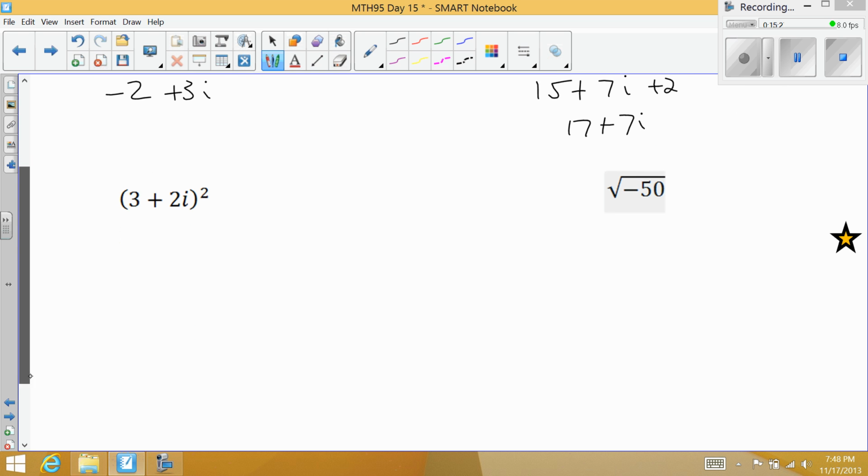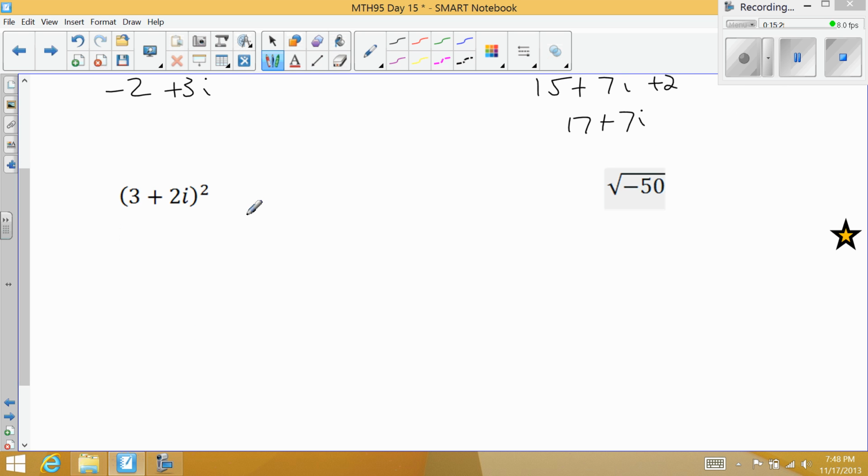And this one here is a little bit tricky. You can use the formula for squaring, a squared plus 2ab plus b squared, or you can write it out. This is 3 plus 2i times 3 plus 2i, and then FOIL it. This is not going to equal 3 squared plus 2i squared. Don't do that. We've got to FOIL it out.